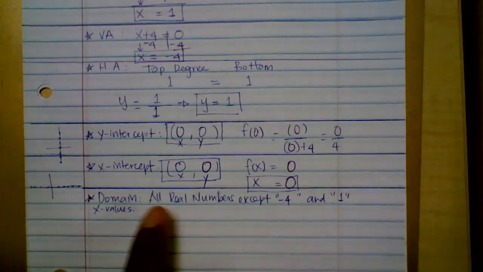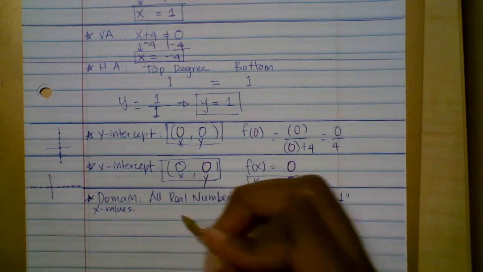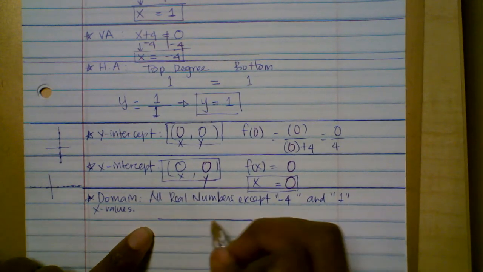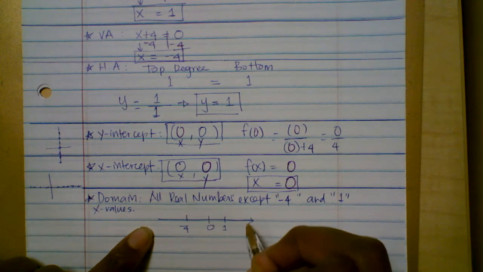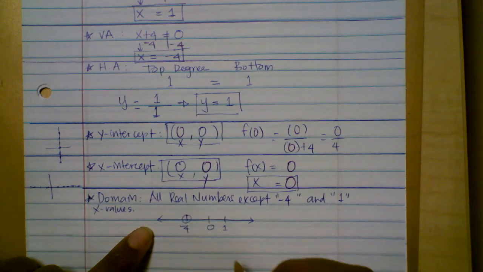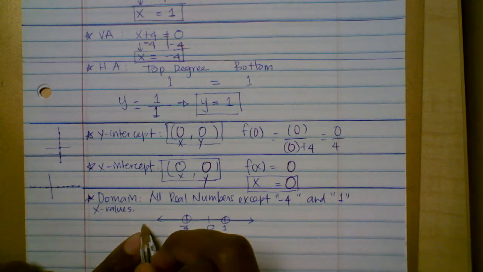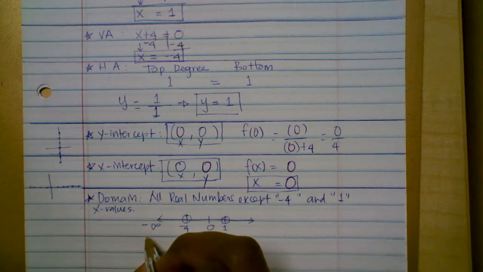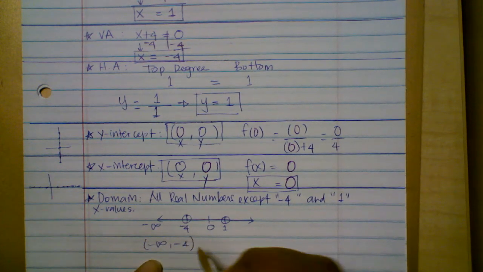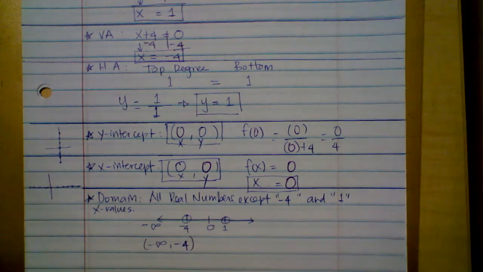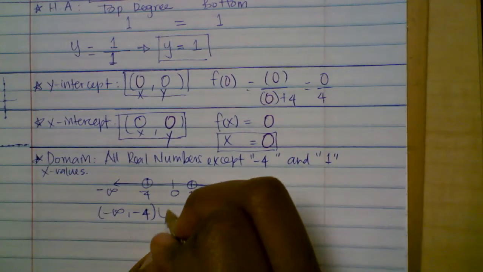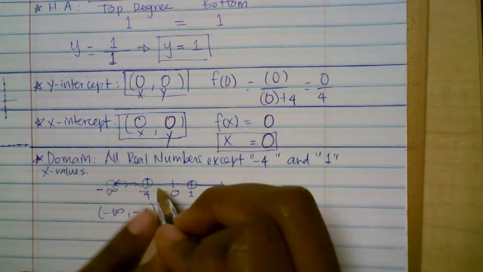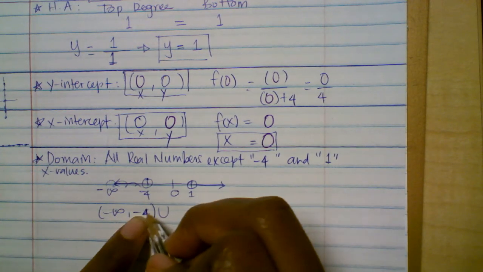Now, how do I write this in interval notation? Let me draw a visual. This is 0, this is negative 4, and this is 1. So open dots at negative 4 and 1. Why? Because you want to remove those numbers from the domain, the x values. So you go from negative infinity up to negative 4, with a parenthesis, which means skip negative 4.